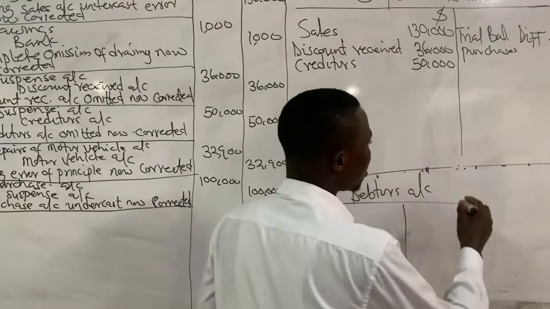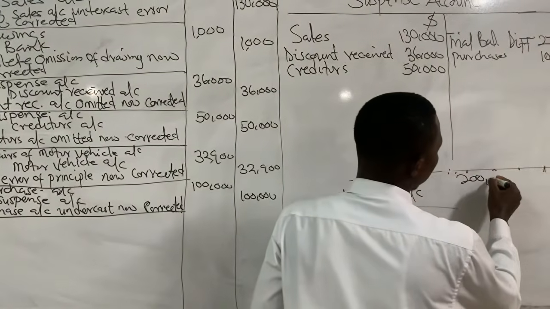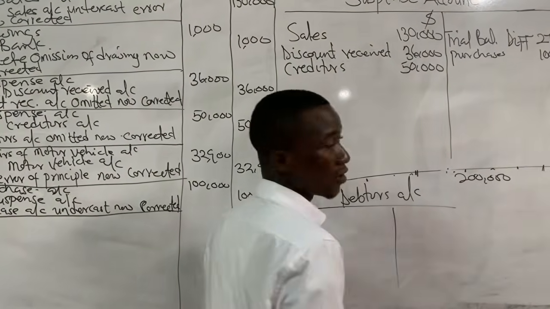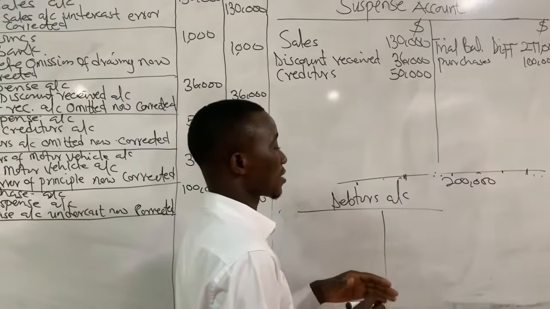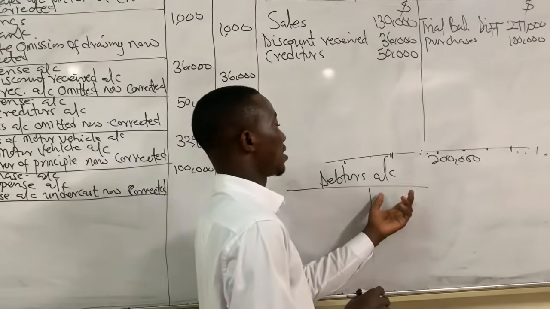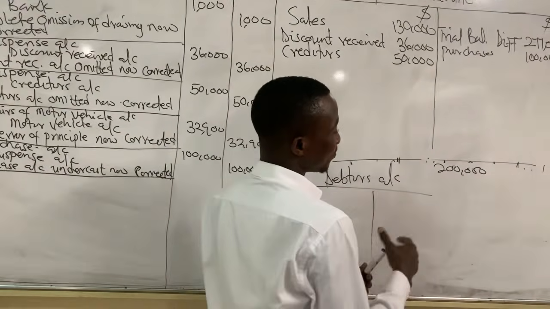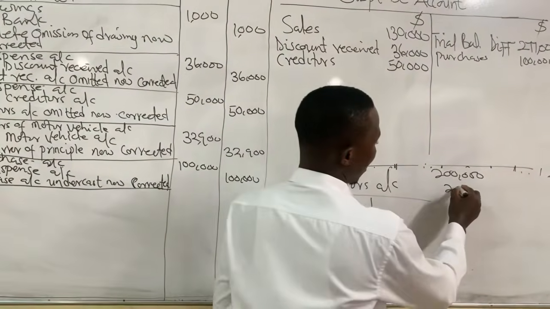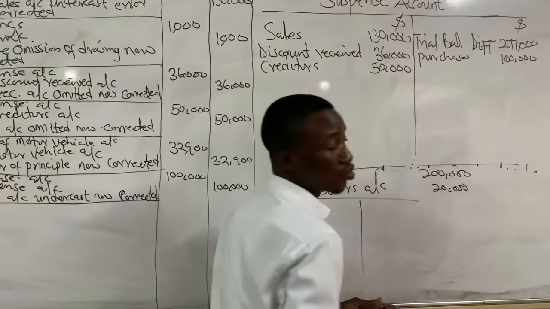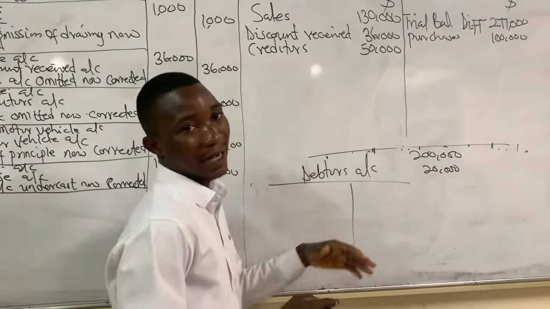The amount initially was $200,000 received from a customer, that is debtors. So they're supposed to credit the debtor's account with $200,000. Instead, they credited it with $20,000, which is an undercast.